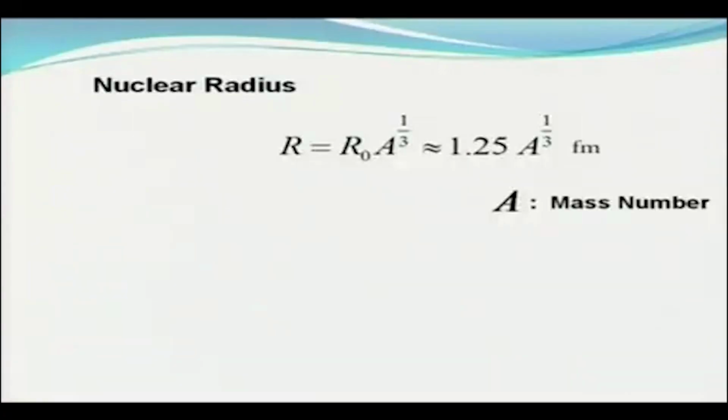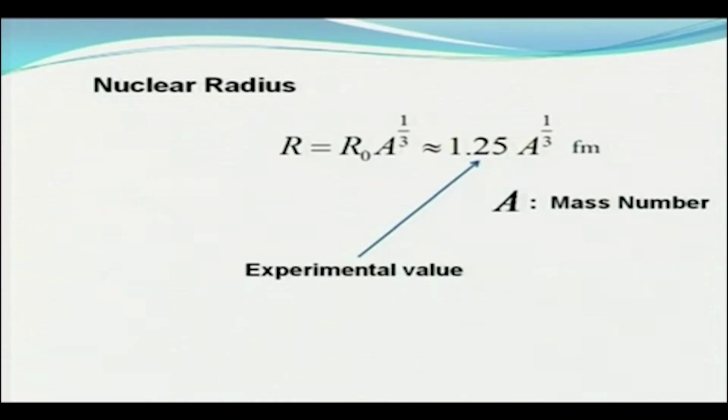The radius r is found to be proportional to the 1/3 power of the mass number, which we denote by A. So, we could write r, the size of the nucleus, is equal to some constant r 0 times A power 1/3, and experimentally this constant is found to be of the order of 1.25 into 10 power minus 15 meters, or 1.25 femtometers.